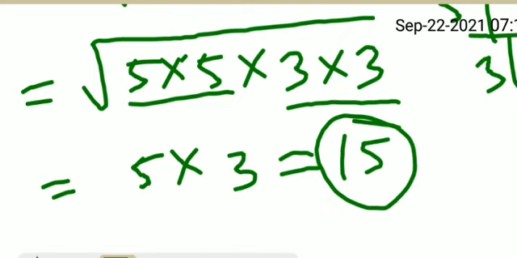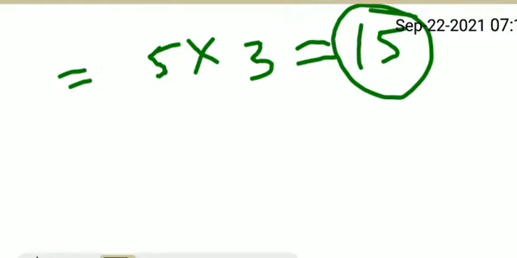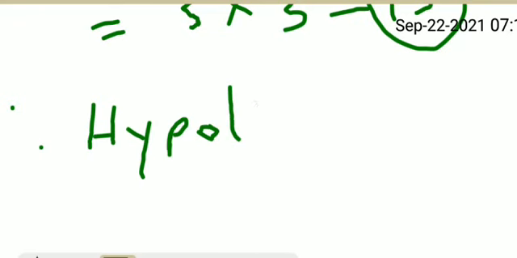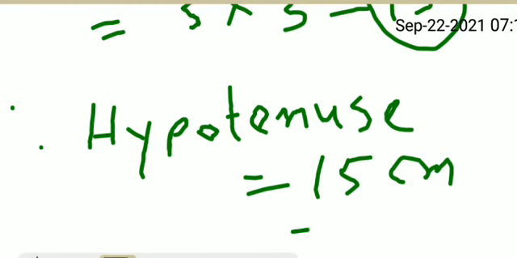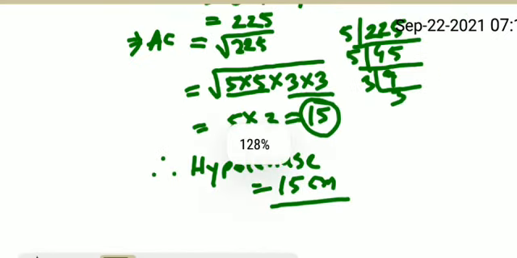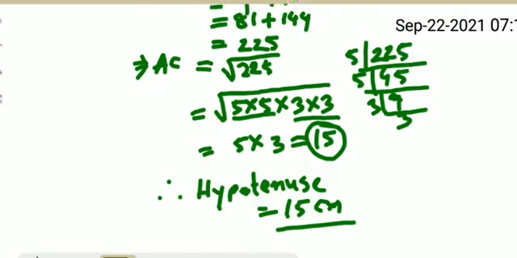Therefore the measure of the hypotenuse will be 15 centimeter. In this way you have to solve it. Hope that everybody understood.